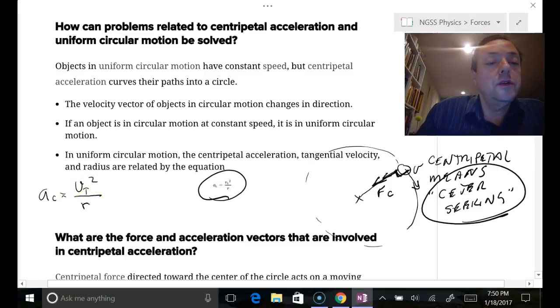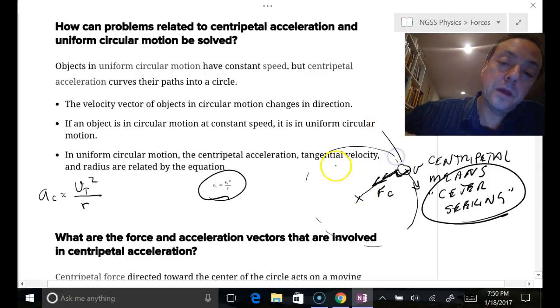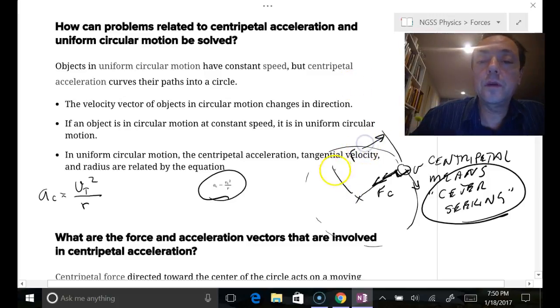Okay, so v sub t is the tangential velocity. It's squared, and you divide that by the radius of this circular path, right, which would be this distance in here.